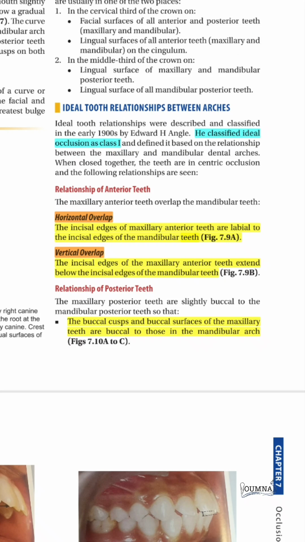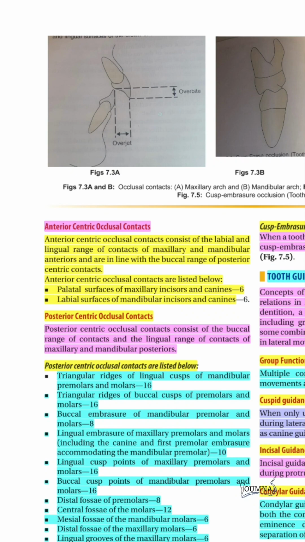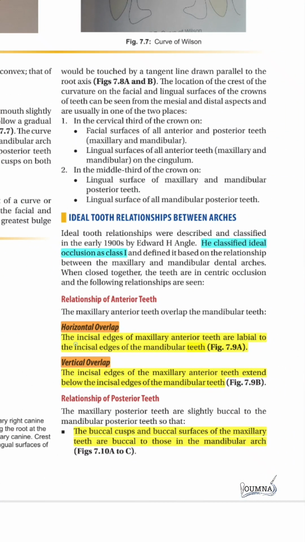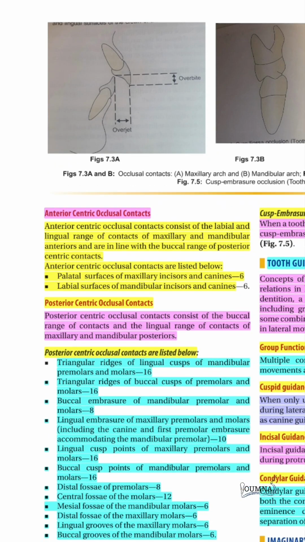The horizontal is the overjet, and the vertical overlap is the overbite. They are defined as the incisal edges of maxillary anterior teeth being labial to the incisal edges of the mandibular teeth. So this is the overjet.